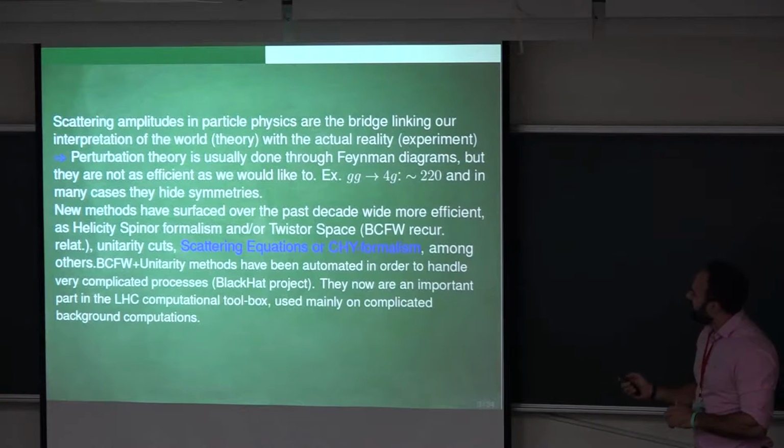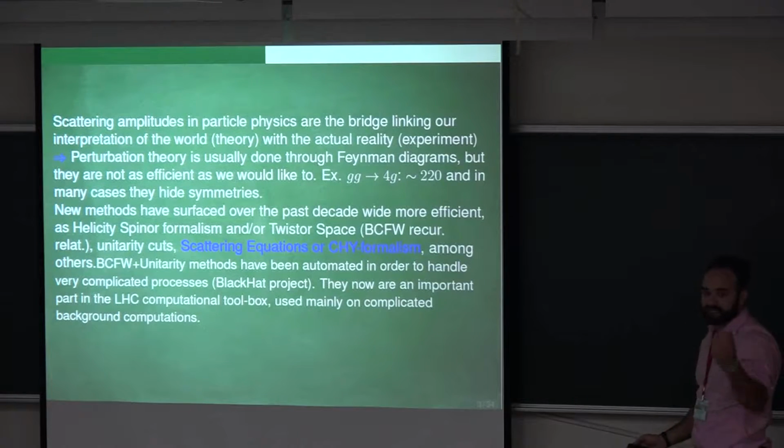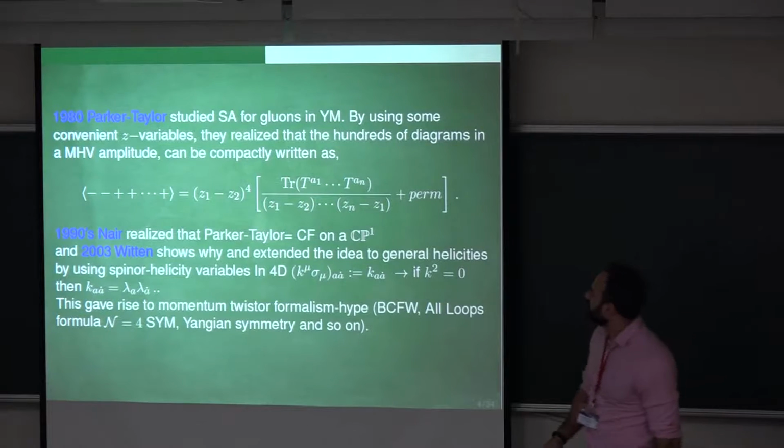So I essentially will concentrate on a very recent formalism, which is known nowadays as the CHY formalism, and I will try to be more pedagogical instead of technical. I think that would be more practical for most of the listeners.